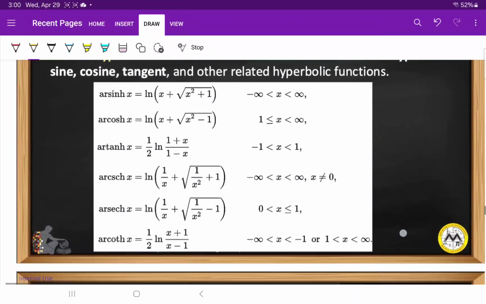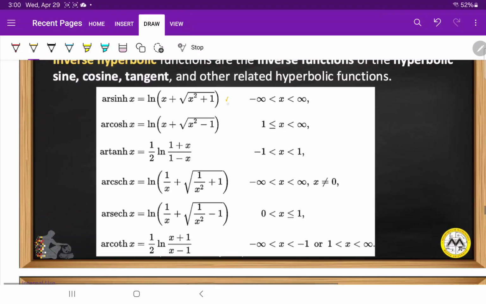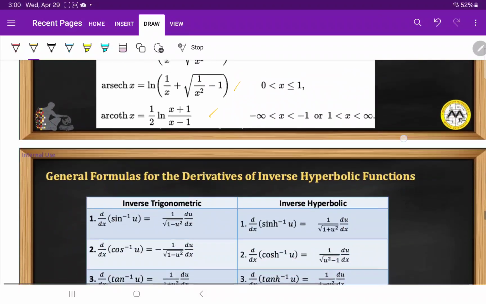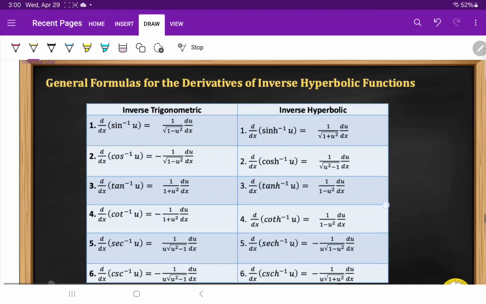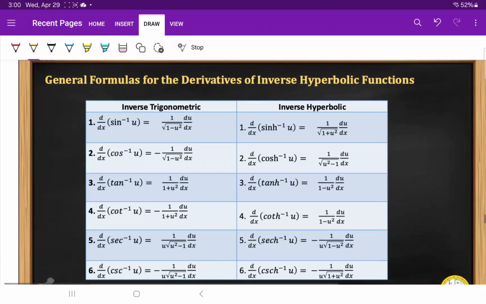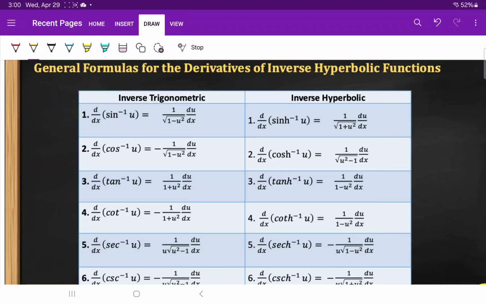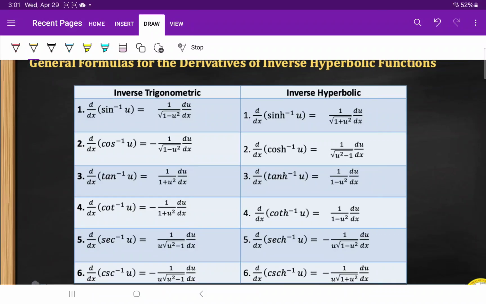So inverse hyperbolic function is defined in terms of logarithmic function. Okay. These are the definitions. And then here is your differentiation formula. So again, as I mentioned, we write the derivative side by side so that you see the differences between the two.